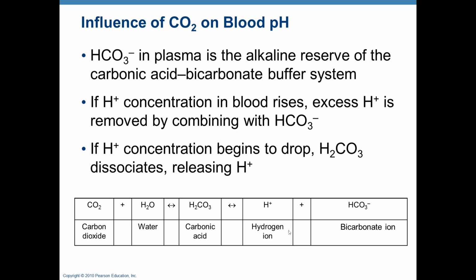So if something is causing your body fluid pH to drop, and you've got more of these, they'll get soaked up under normal conditions by bicarbonate ions, and that will force these reactions to move in this direction. So they'll combine, you'll make carbon dioxide, and then those carbonic anhydrase enzymes in your red blood cells break those apart, and now you can exhale out from your lungs this excess CO2 that you have.